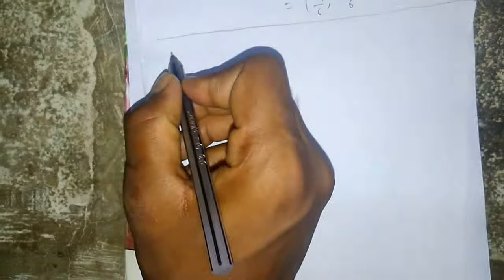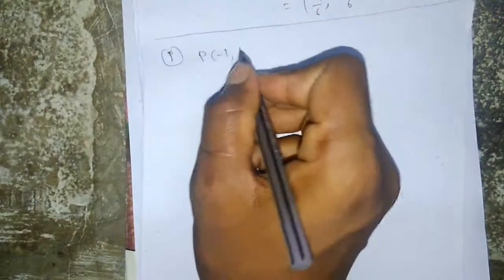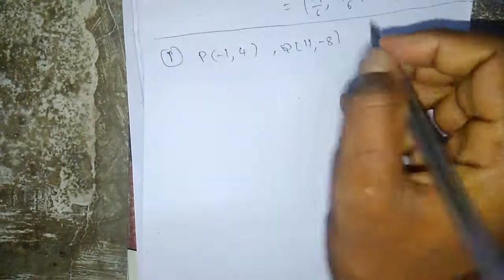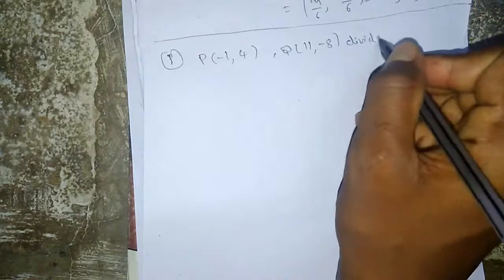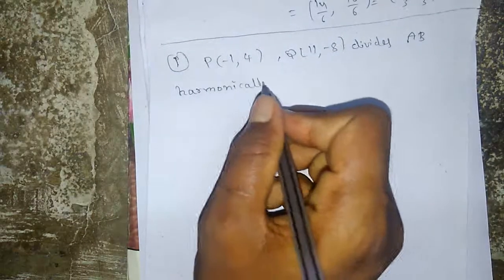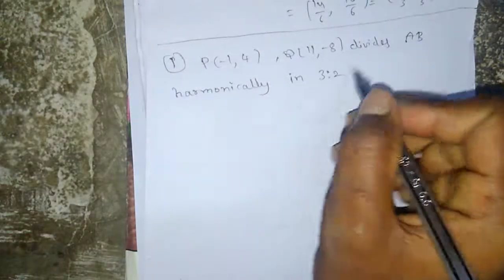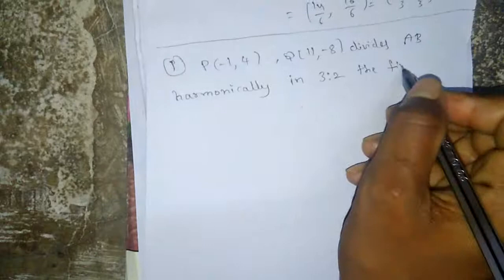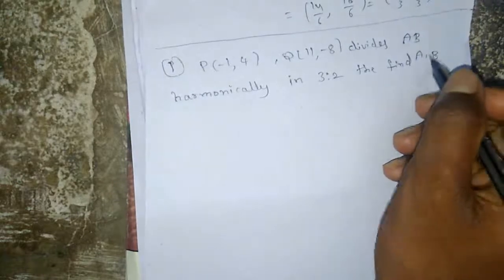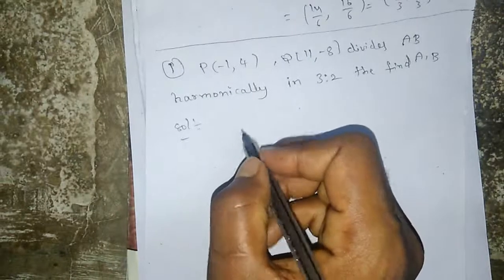Our next problem: P is minus 1 comma 4, Q is 11 comma minus 8, divides AB harmonically in the ratio 3 is to 2, then find A comma B. So apply the section formula.